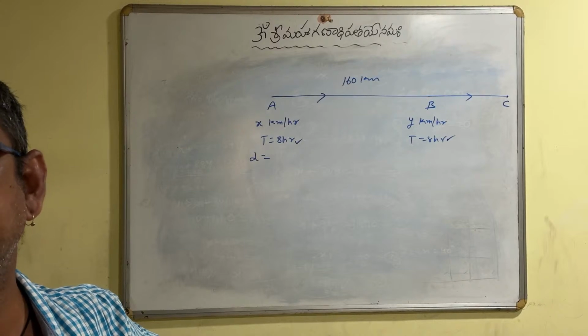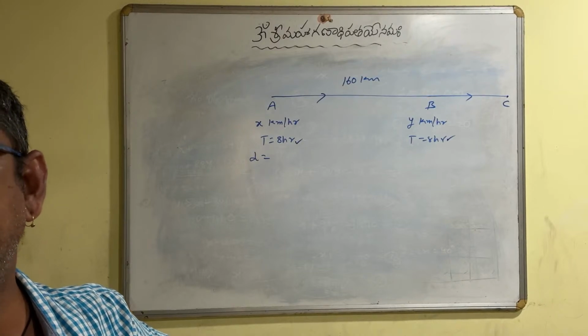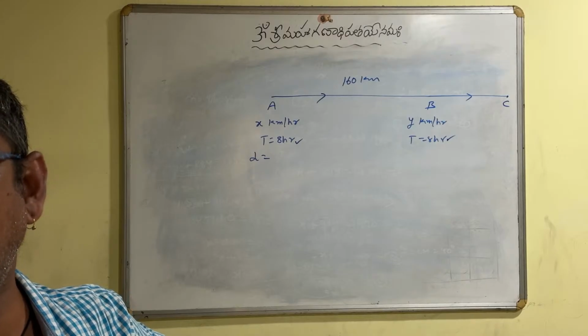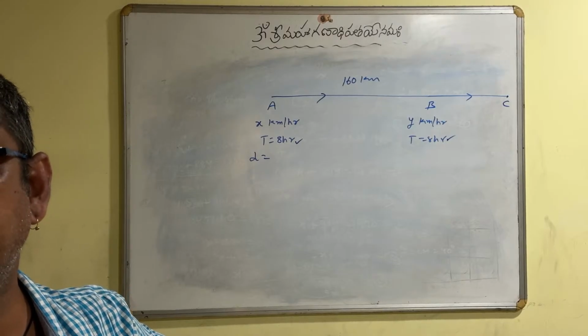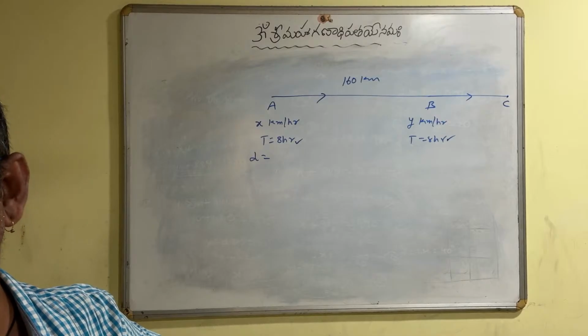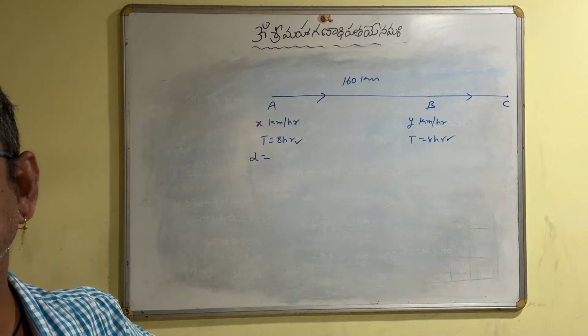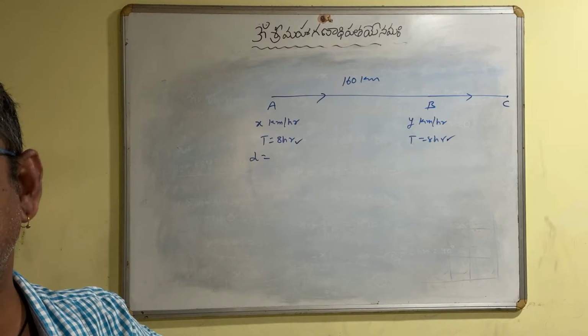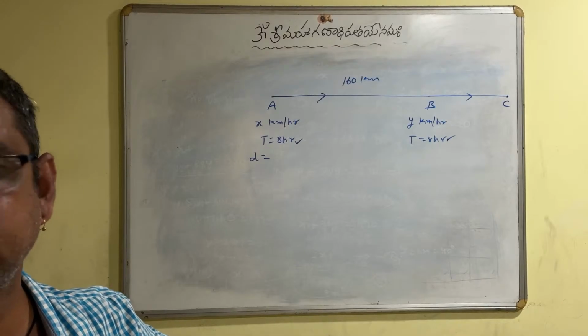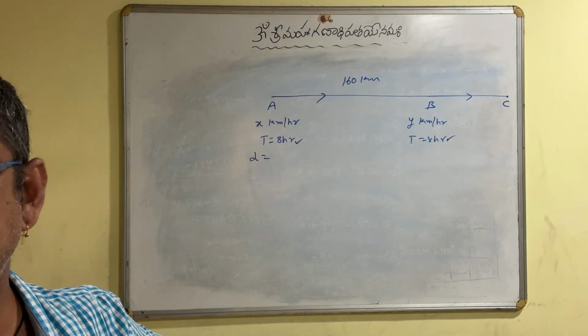Okay, Vanshika? What is the distance traveled by the car which is starting from A? x by 8. Pashita? What is the distance formula?